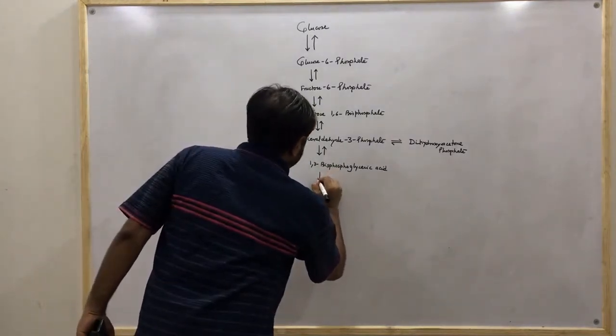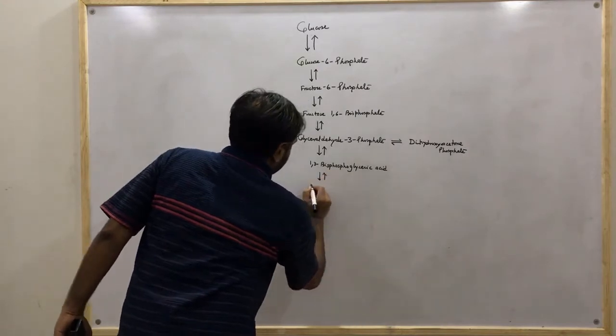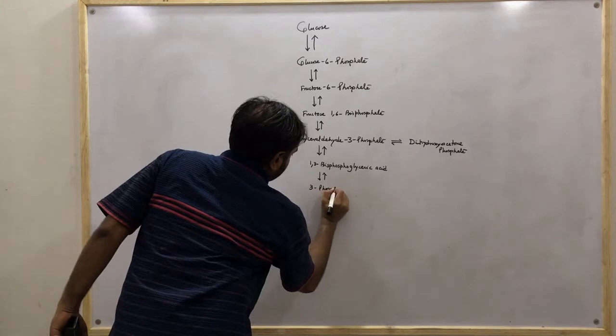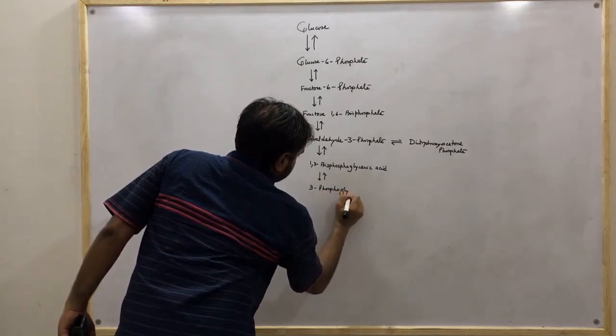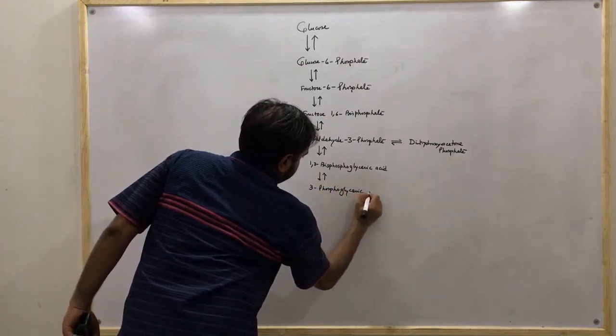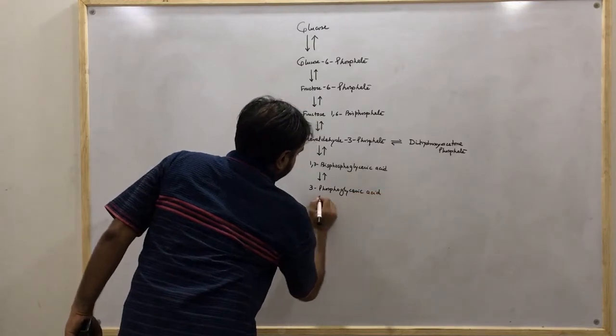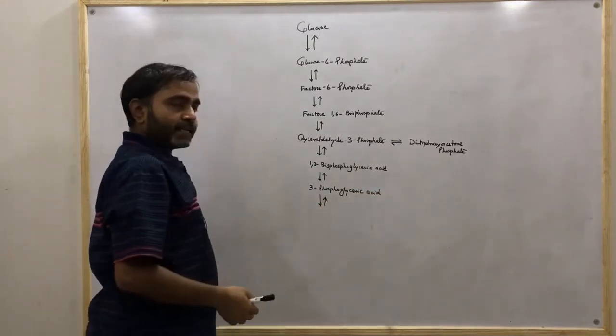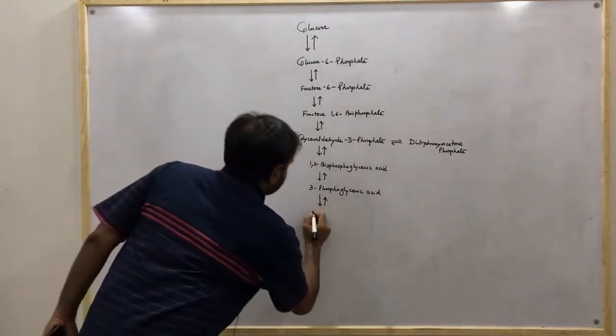And what will be the next step? 3-phosphoglyceric acid, and then after the 3-phosphoglyceric acid, 2-phosphoglyceric acid will be formed.